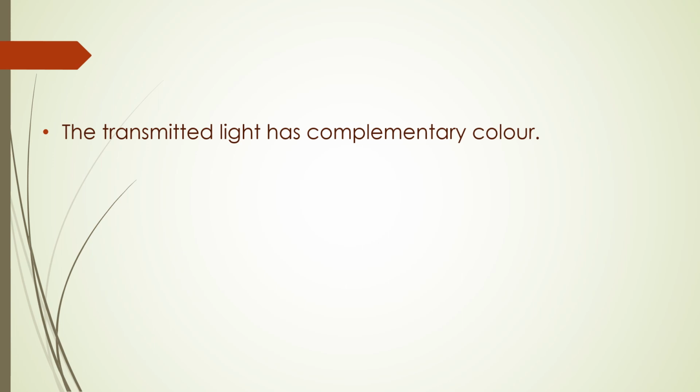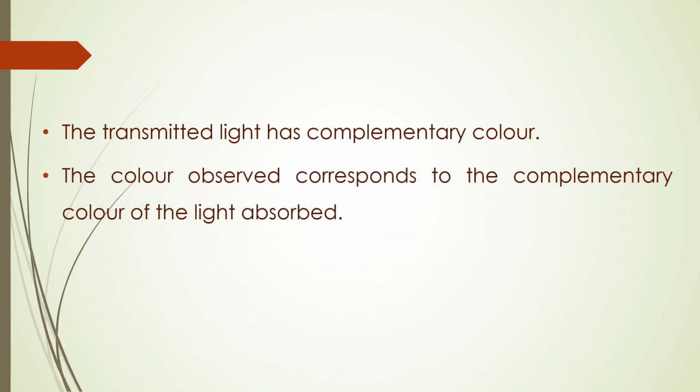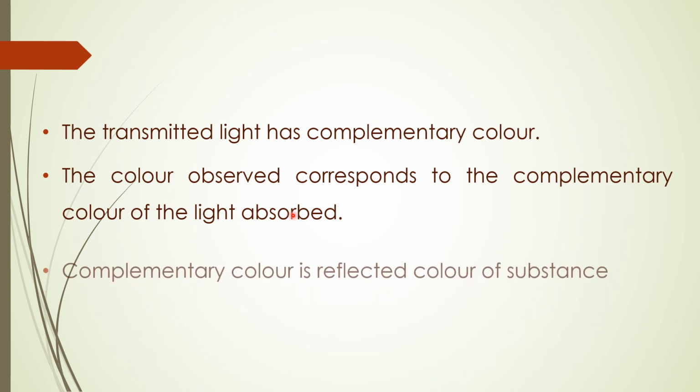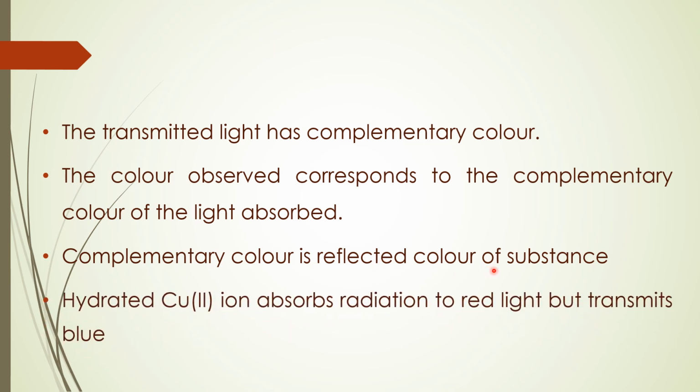If you observe the nature of the color absorbed and transmitted, the transmitted color is the complementary color of the absorbed light. The color observed corresponds to the complementary color of the light absorbed. Generally, we see the complementary color, which is reflected as the color of the substance.